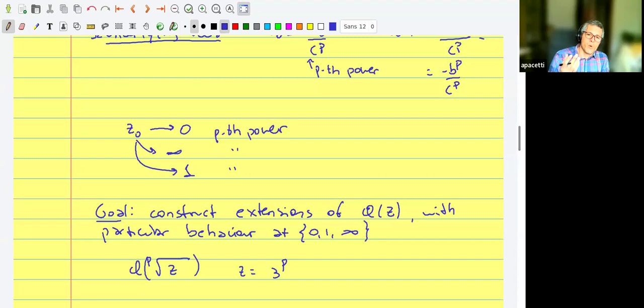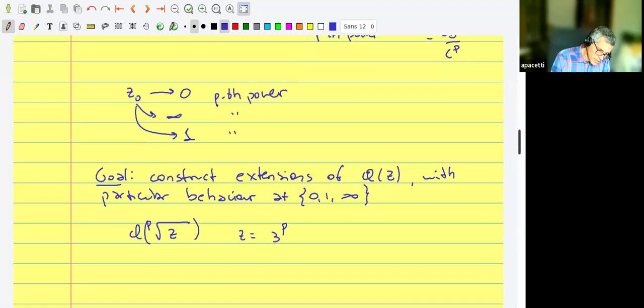You see? So when you say particular behavior, you'd like to have extensions where the ramification at 0, 1, and infinity has to do with the powers you get when you specialize your parameter. This is somehow the whole idea behind this strategy. And what you really would like to get is, instead of an extension, the extension to be obtained as a Galois representation.